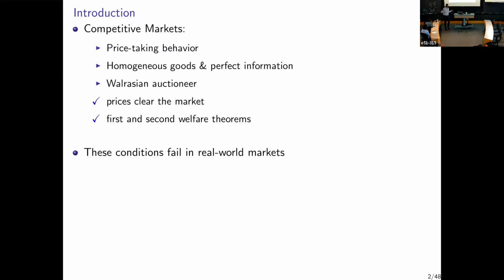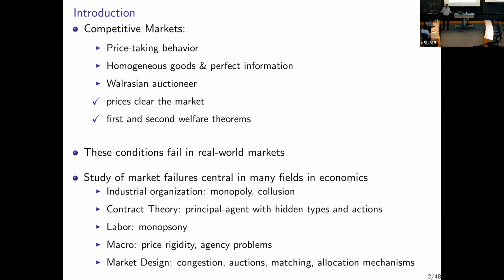However, a lot of interesting things happen when these conditions fail. And we see that in the real world, some of these conditions are going to fail in most of the markets that we're going to analyze. The study of these market failures is central in many fields in economics. For example, in IO, we think about monopoly and collusion.